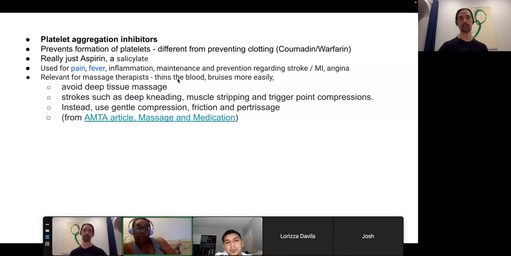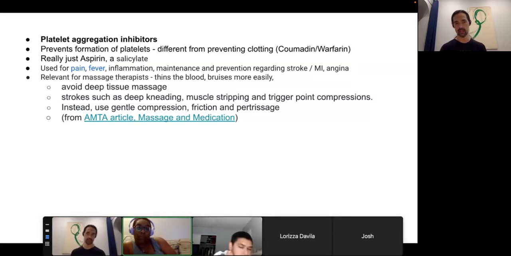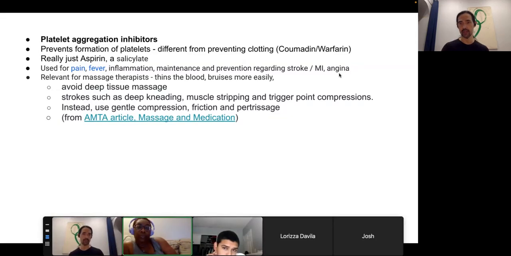For maintenance and prevention in someone with cardiovascular history, that's stroke. MI stands for myocardial, muscle of the heart, infarction, which means starvation of oxygen due to clotting. Angina is also deprivation of oxygen and blood flow to the muscle around the heart. That's extreme pain that can be a precursor or warning sign of heart attack.